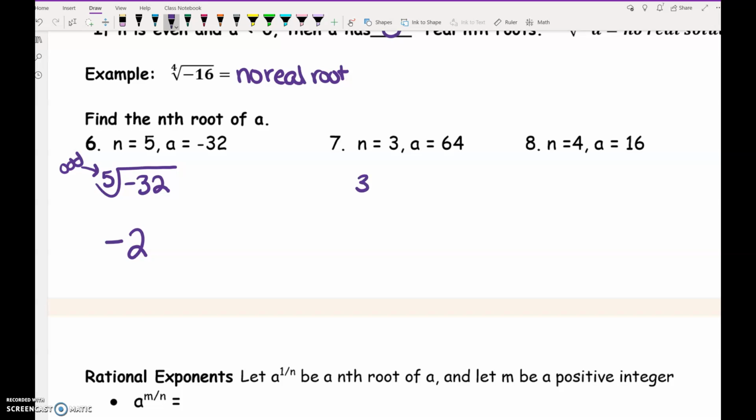Number 7, we're looking for the 3rd root of 64. 3rd root of 64 is 4. And then 8, the 4th root of 16. It is positive or negative 2. Because the index is even, you have to consider both the positive and the negative.